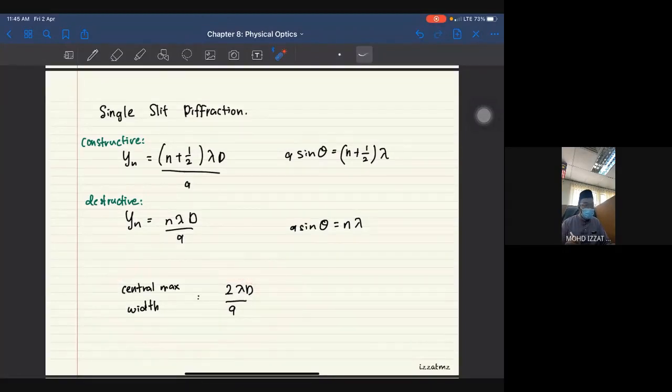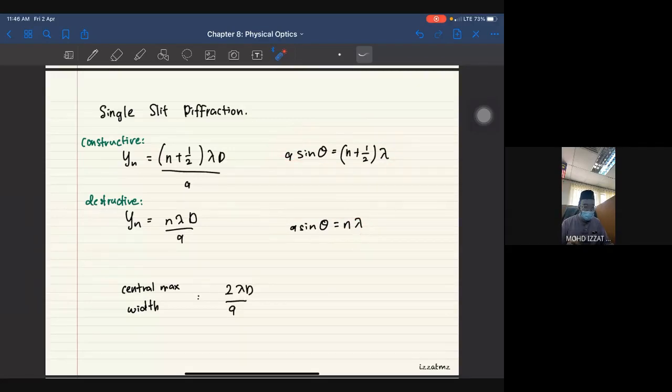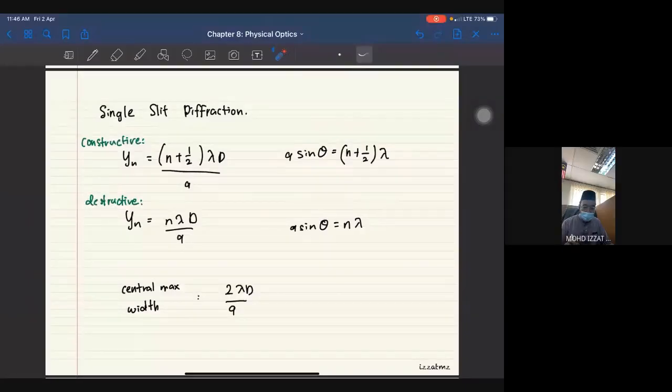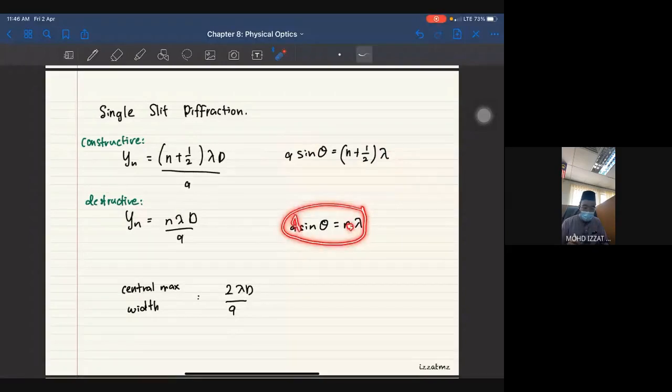Again, I will show its physical meaning, what the central max width means. And then we have two more important formulas. You can memorize them, or if you don't want to, I have another way to use them. My advice is you can memorize this one. Actually you have a formula very similar to this. These two formulas are actually not given in the formula sheet. So instead you can apply the formula from diffraction grating. Only in diffraction grating, in front it is d, d sin theta and lambda. So if you don't want to memorize much, look at the diffraction grating one and change a to d.